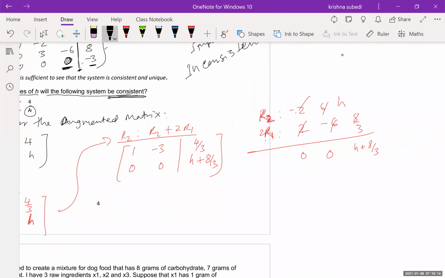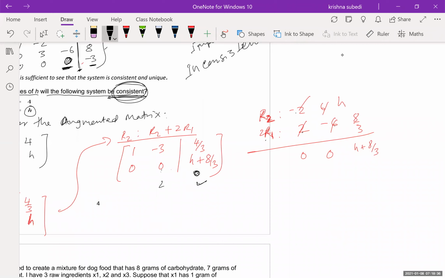Now, we already discussed earlier that if this 0 equals some number, the system will be inconsistent. Our goal is to make it consistent. Making it consistent means if this is 0, then this must be 0. If there is some number there, then you don't have to worry; anything is possible.